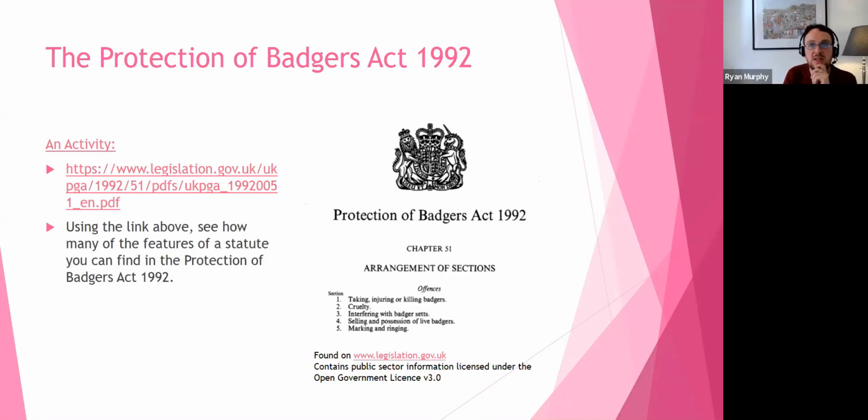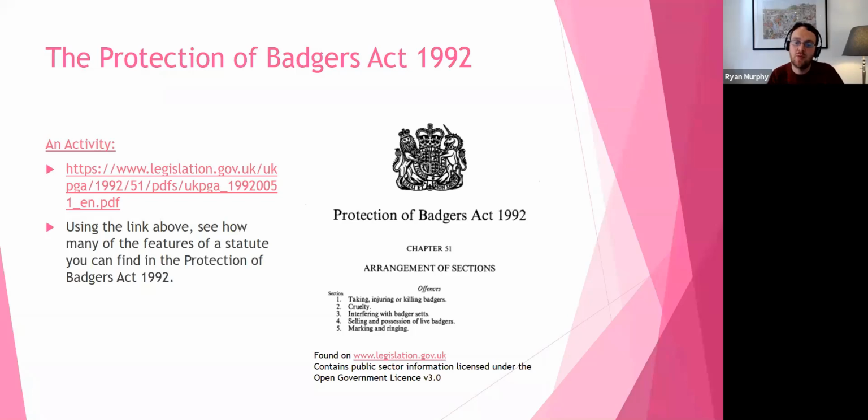What I'd like you to do is, using that link above, or Googling, or using a search engine to find legislation.gov.uk, find the Protection of Badgers Act, and see how many features of a statute that have already been discussed in this short podcast you can find in that Act of Parliament.